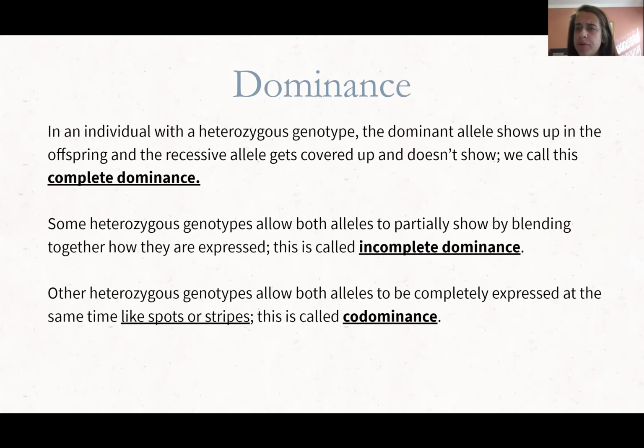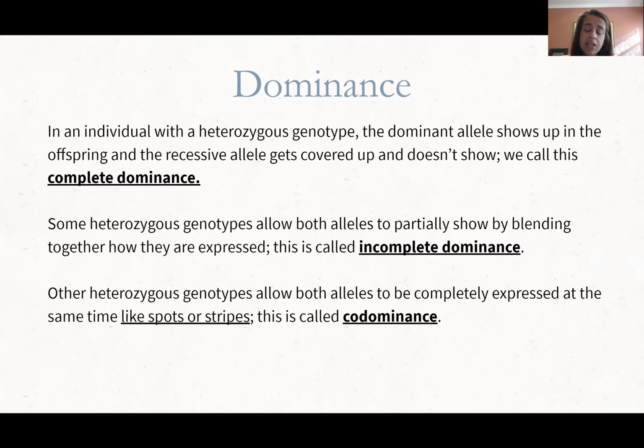And I believe I misspoke from the last video and mixed up incomplete dominance versus codominance. So incomplete dominance is when the alleles are blended together. If we have blue and white as our dominant versus recessive allele, and then we have a heterozygous individual, it would express both those alleles. So you would end up with a lighter blue when you have blue and white, for example.